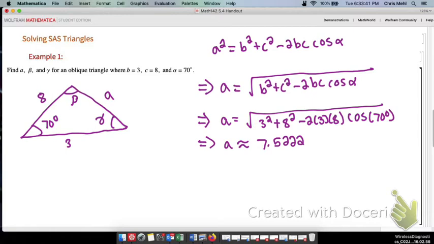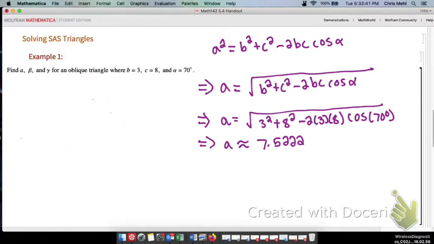And one thing I notice about my picture right away that doesn't make sense is that I've drawn beta as an obtuse angle. And the length of the side opposite beta is 3, and clearly that is shorter than the side of length 8. If I was going to draw a more accurate picture in this case, which I probably should, I'm going to make beta an acute angle.